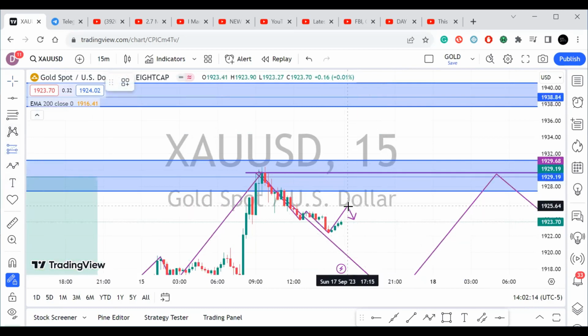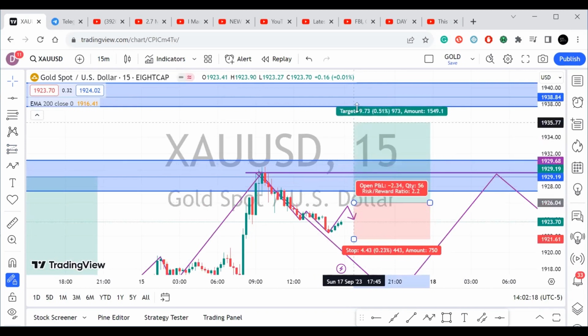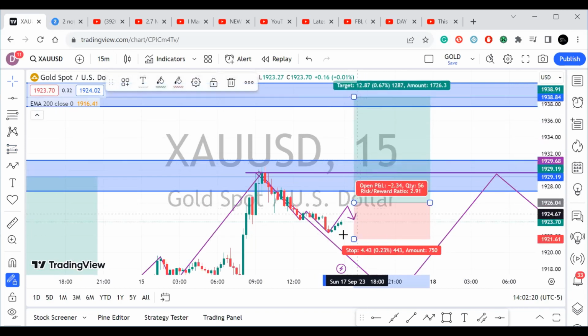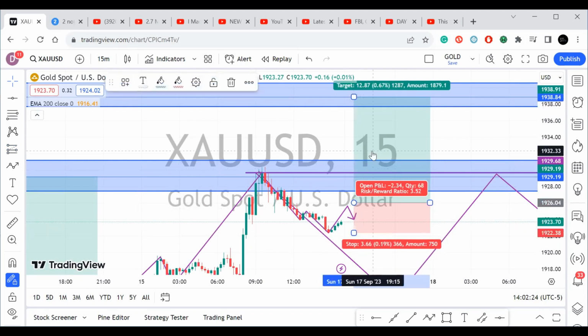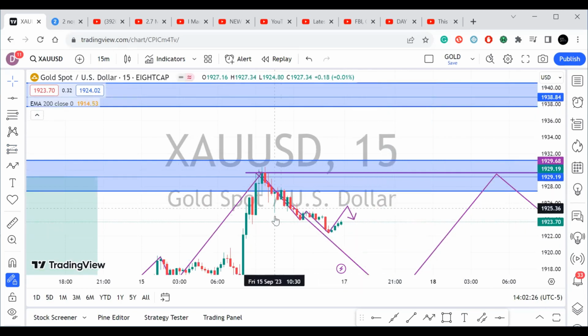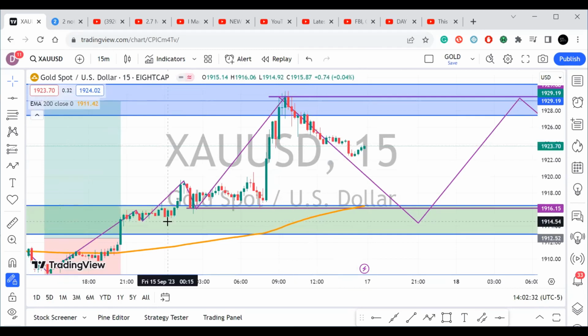Once this happens, I will be having my buy to take profit here. If it happens during Asian session, I'm going to be buying to take profit there. But if it drops lower, if price keeps dropping, let's say this high.